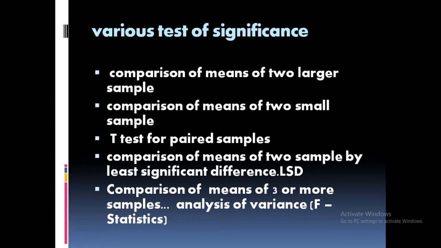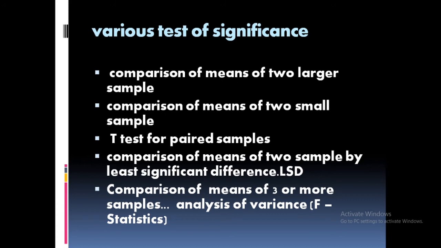Understood? Now, there are various types of tests of significance in our biological and medical sciences. A researcher has to practice these tests in her or his experiments.